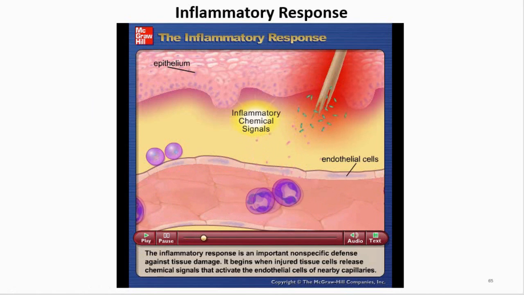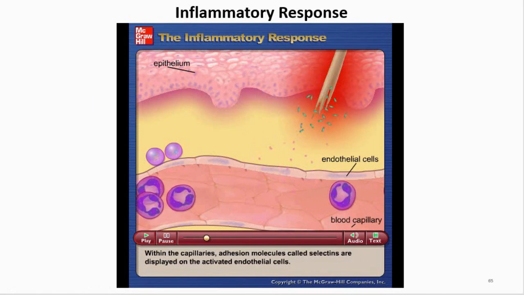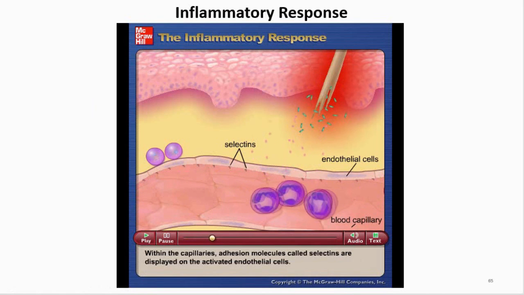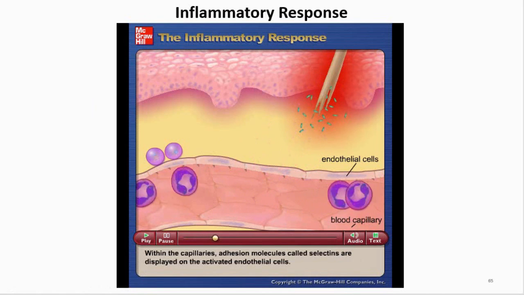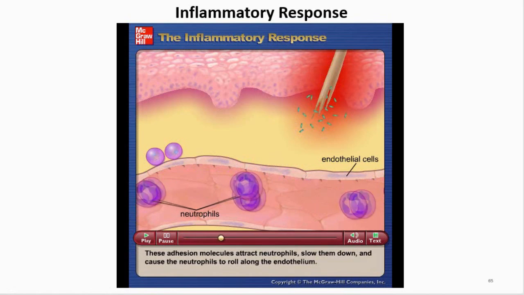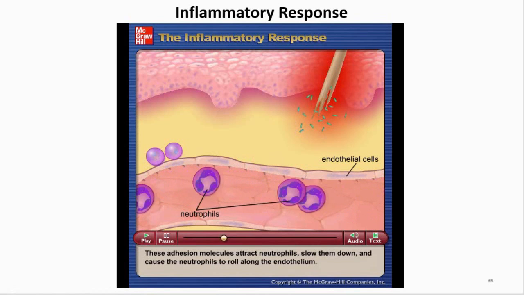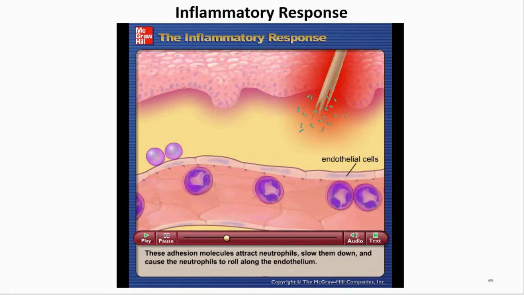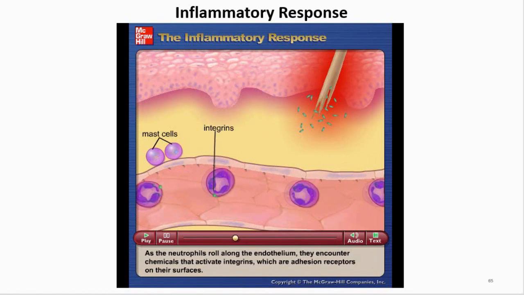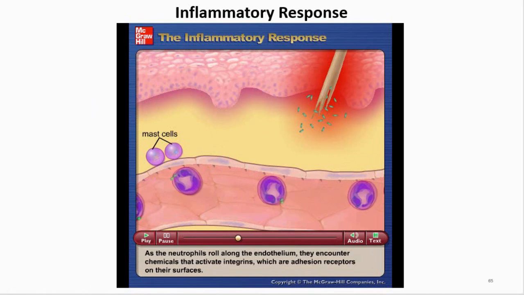Within the capillaries, adhesion molecules called selectins are displayed on the activated endothelial cells. These adhesion molecules attract neutrophils, slow them down, and cause the neutrophils to roll along the endothelium. As the neutrophils roll along the endothelium, they encounter chemicals that activate integrins, which are adhesion receptors on their surfaces.